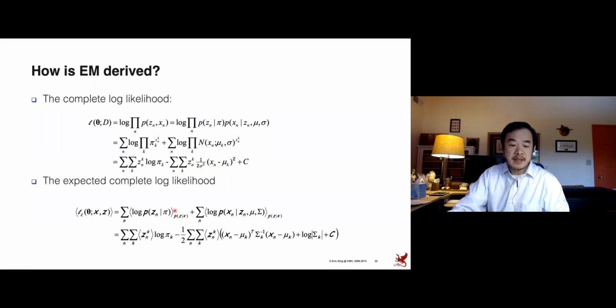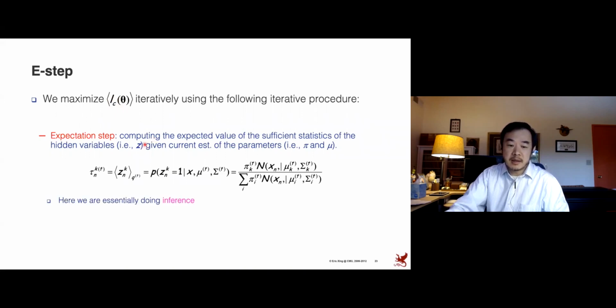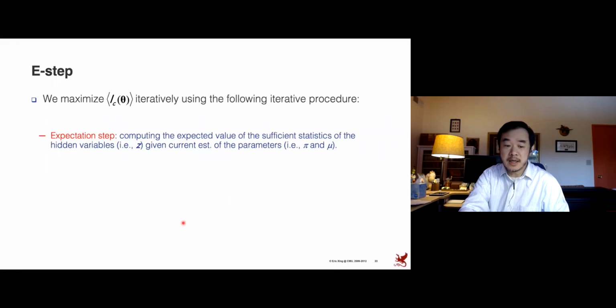So now let's imagine that this becomes our objective, and let's see what happens when we maximize this expected likelihood iteratively. We use the following procedure. In the E step, remember that the expectation was taken over P of Z given X, which is actually unknown yet.